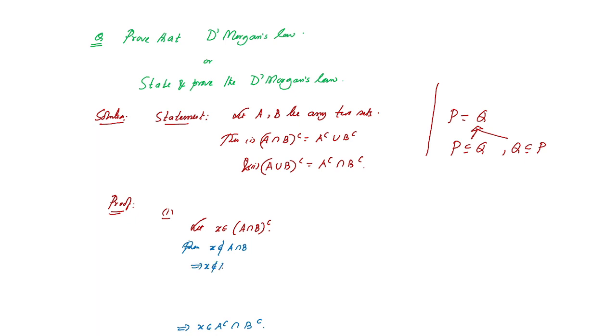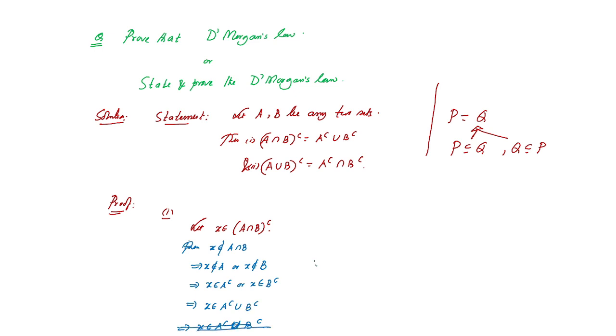That means X does not belong to A, or X does not belong to B. And from that we can write X belongs to A complement or X belongs to B complement, that is, X belongs to A complement union B complement.